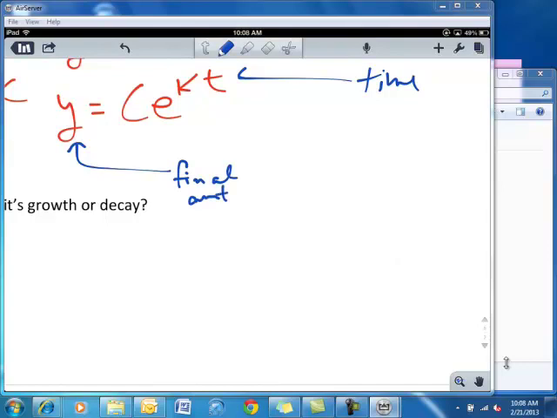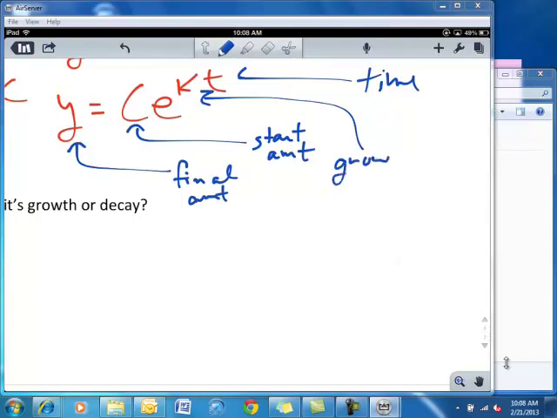How about the c? Starting amount, yeah, good. And what's the k? Yeah, it's your growth or decay factor.